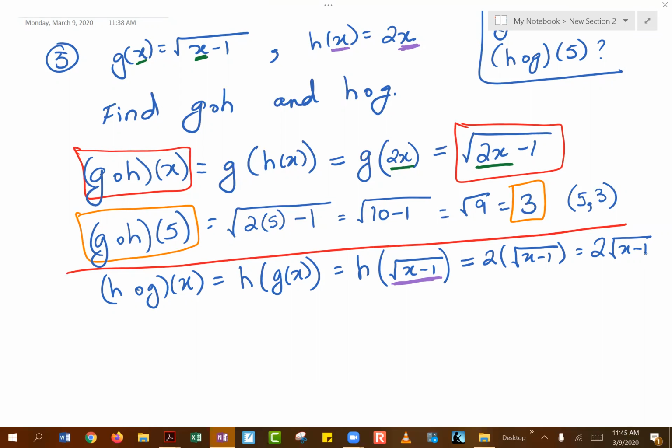This one was the square root on the whole thing, with 2x minus 1 on the inside. This one has 2 on the outside, and then the square root of x minus 1. Because composition follows that order of which function is on the outside and which is on the inside, if you change that order, your composition comes out looking very different. You're not going to get the same answer for 99% of your examples.